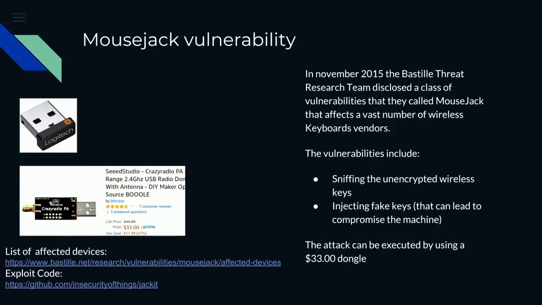You sniff for the network. In some cases, you are going to be able to see the unencrypted traffic of those devices. And sometimes you can inject fake keys on that. And with that, for instance, if you are targeting an organization that uses a wireless keyboard and some user is logged in, you can execute a PowerShell script and compromise that machine.